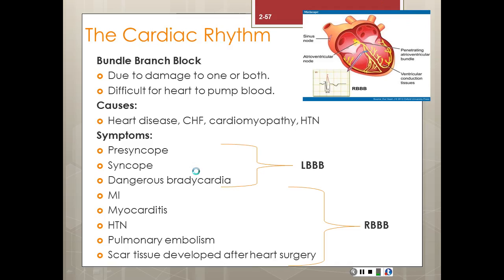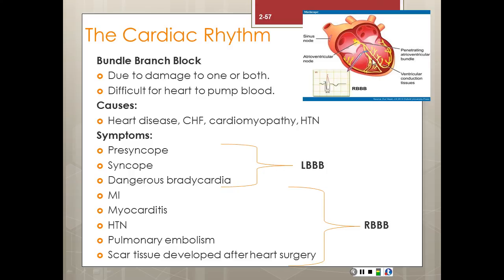I went into more detail with our bundle branch block, which you won't find in the textbook, but that deals with damage to the left and the right bundle branches. So here's the left branch, and here is the right branch.